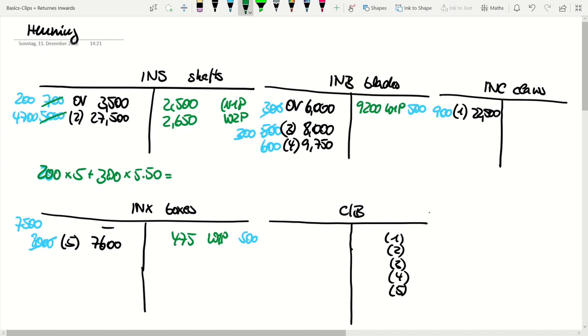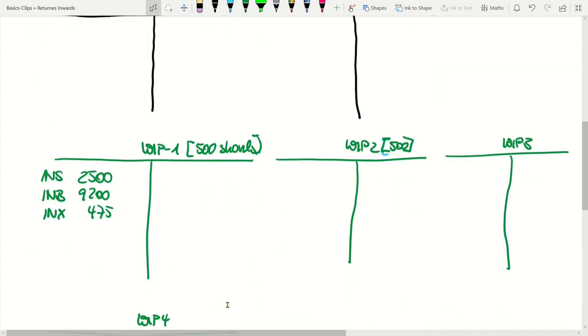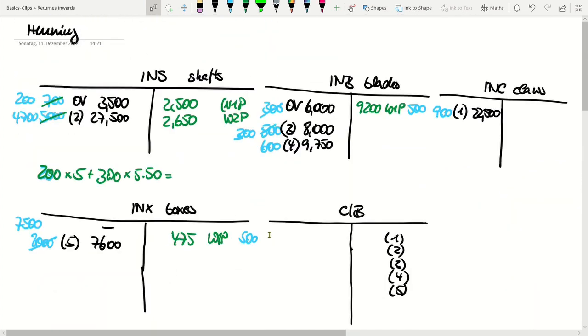The credit entry in the inventory shafts account, and I have to make a debit entry in the work in process account, 2,650. Next I need 500 claws. Thereafter I'm left with 400.